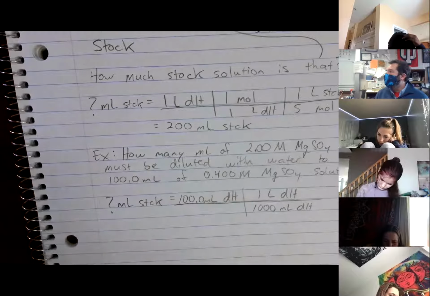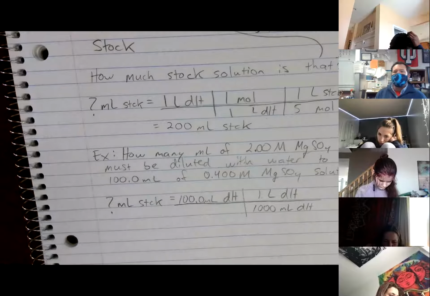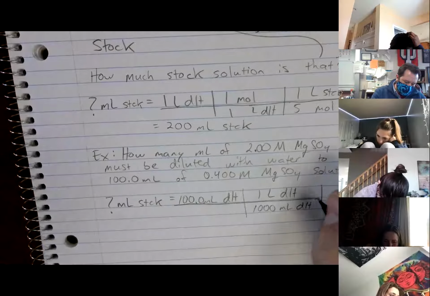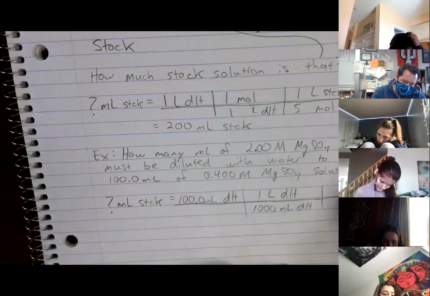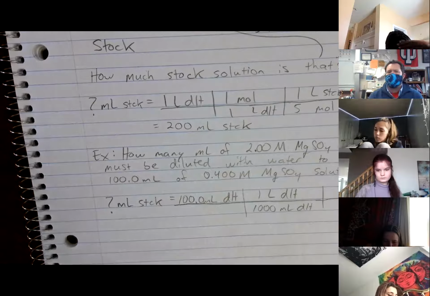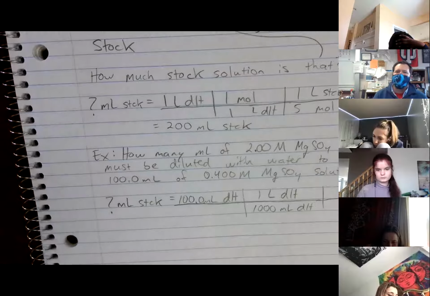That's because 1,000 milliliters of anything equals 1 liter of that same thing. Cool. Now milliliters is gone. We know what's going to go on the bottom down here. Liters of dilution. I don't put a number there just yet.